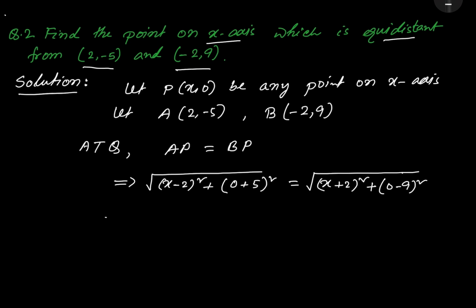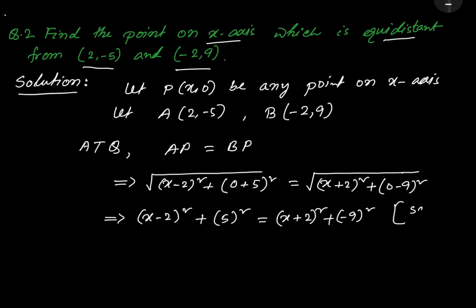Now squaring both sides. So square root will cancel. So x minus 2 whole square plus 5 square equals to x plus 2 whole square plus minus 9 whole square.